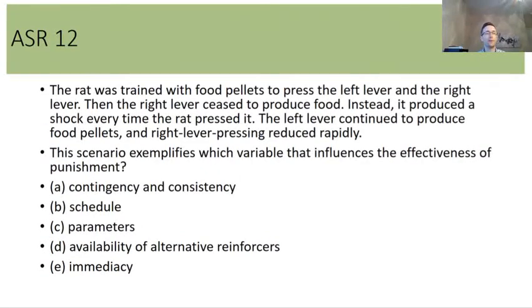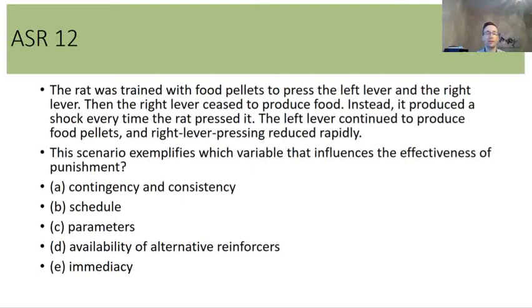ASR 12. The rat was trained with food pellets to press the left lever and the right lever. Then the right lever ceased to produce food. Instead, it produced a shock every time the rat pressed it. The left lever continued to produce food pellets, and right lever pressing reduced rapidly. This scenario exemplifies which variable that influences the effectiveness of punishment? A. Contingency and consistency. B. Schedule.